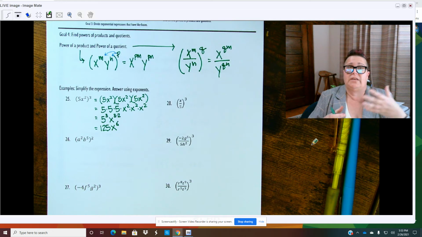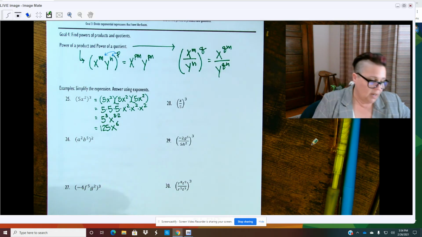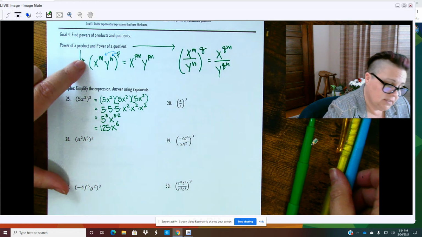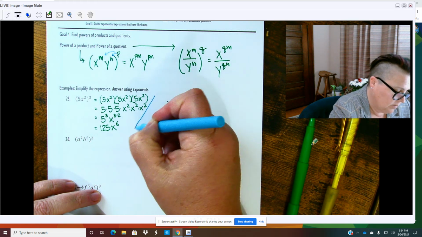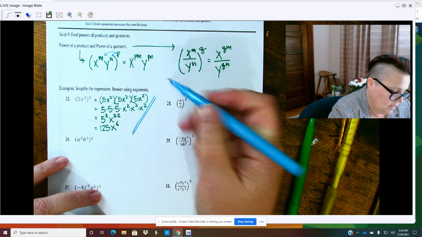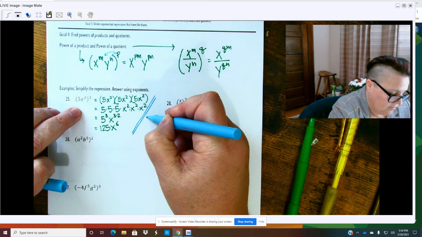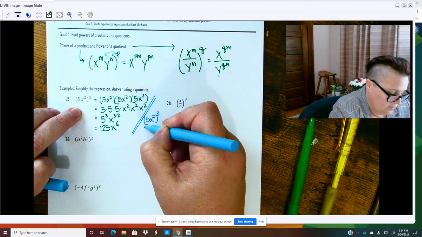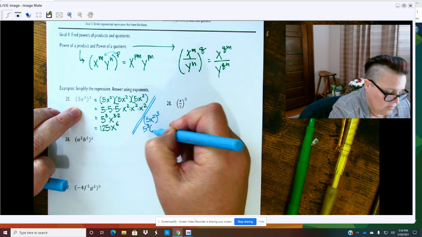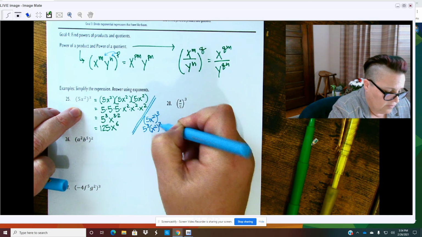This is how I would do it if I was backing it up and trying to do things using the rules I already knew. If I'm trying to use this rule, this particular pattern or shortcut, I'm going to run out of room. Okay, I am going to say that 5x to the second to the third is the same as 5 to the third, x squared to the third, right?